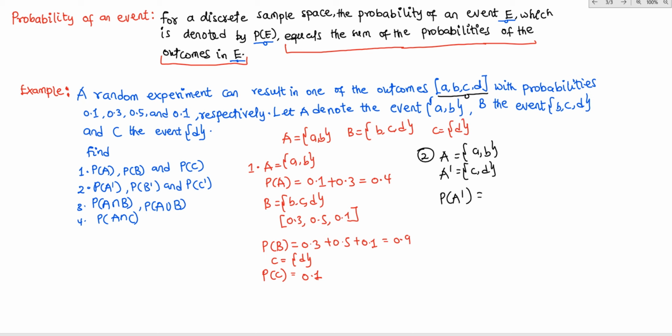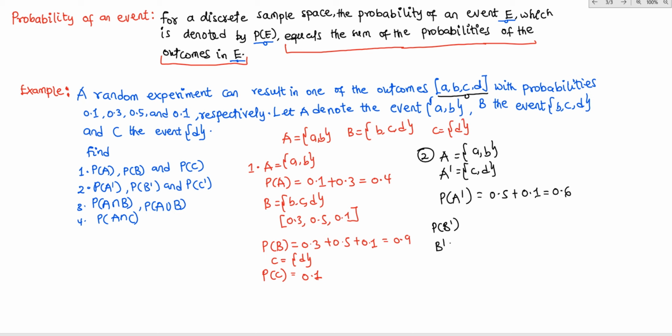So we are going to have the probability of C, which is 0.5, plus the probability of D, which is 0.1. So this will then give us a value of 0.6. That will be the probability of A prime. So let's find that of B prime. Let's find B complement.